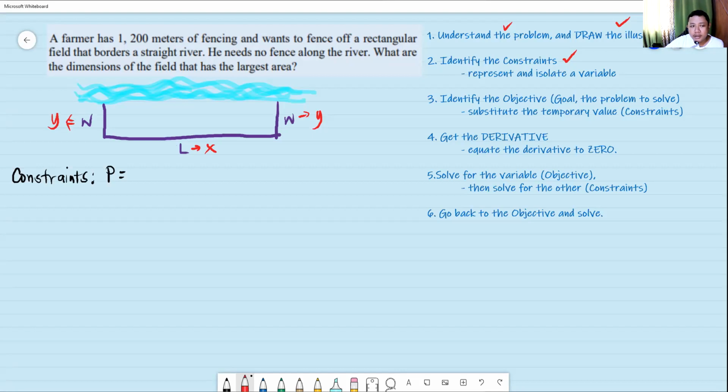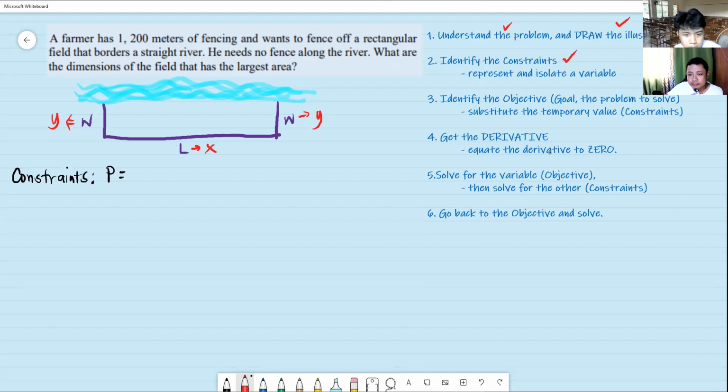O game. What do you think will be the formula of the perimeter? Type it in the chat box, please. Let's wait for the rest. I want to see how you form the formula. Okay, correct.